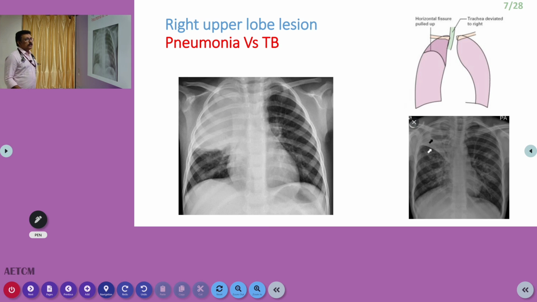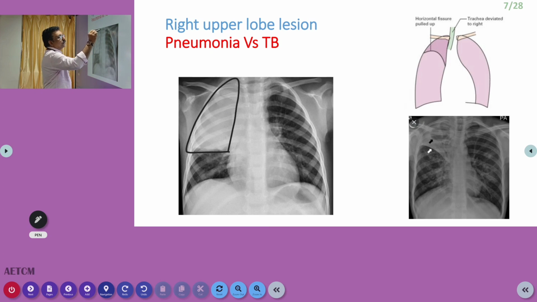Now always look at this whenever we are seeing a white patch like this. Always look at the trachea. If it is collapsed, the trachea may deviate to this side. Okay. So here the trachea is not deviated to the right side. Trachea is in the middle part, and you see the rib spaces.